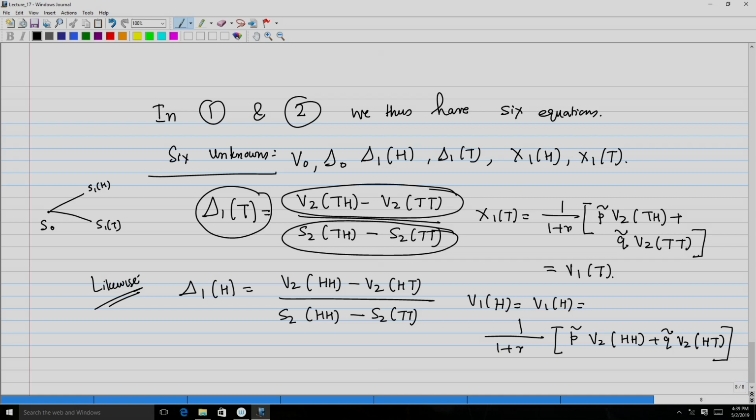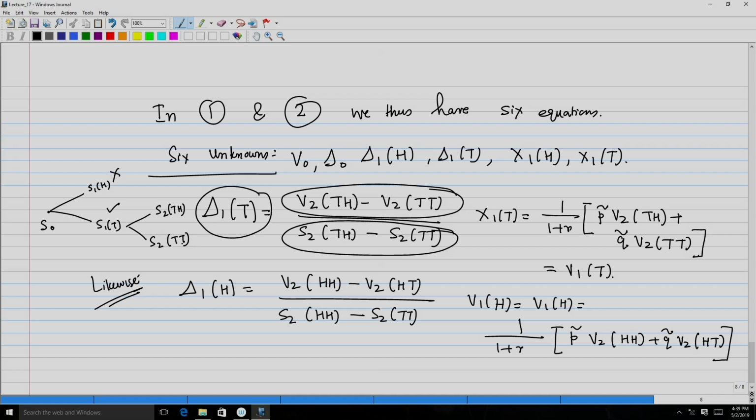Now, when I am saying that I want to ascertain my delta 1 of t, that means that this event has not happened, but this has happened. So, in this case, this leads us to two values of S, namely S2 of th and S2 of tt.